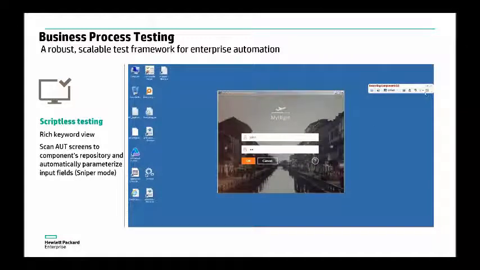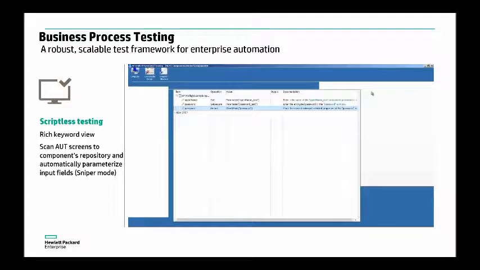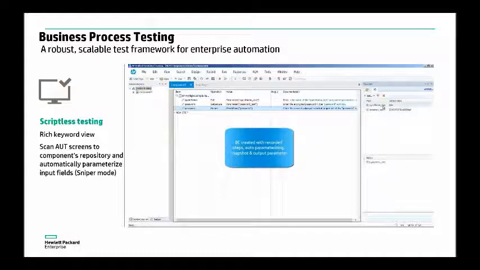Remember that we have components for a BPT test as building blocks. Once I add an output value, it's automatically parameterized. So here you can see the keyword view that gives you the operations, as well as the captured input and output parameters that were parameterized automatically with the data that I set.